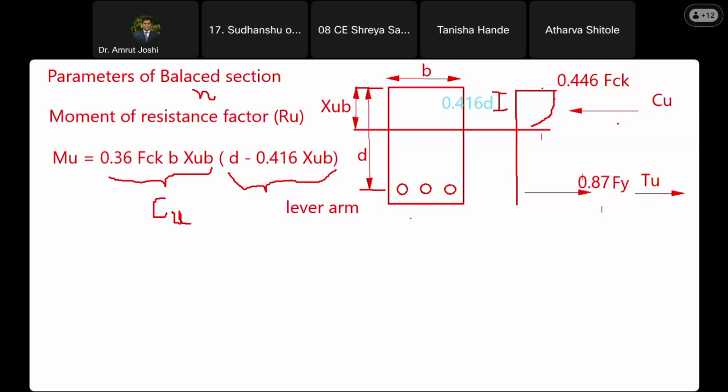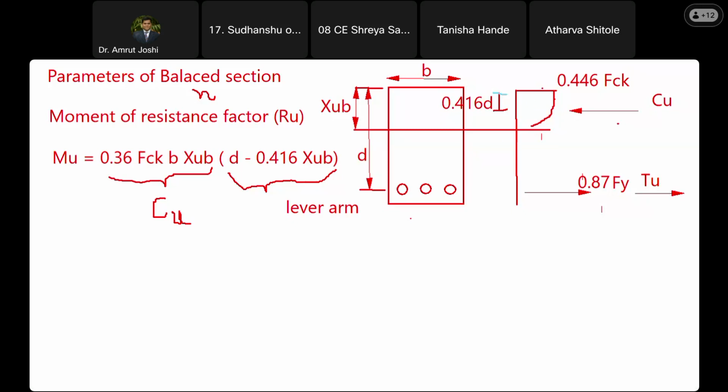So what is the perpendicular distance between the line of action of Cu and Tu? It will be d minus 0.416 D. No, I'm sorry, it is 0.416 xub.